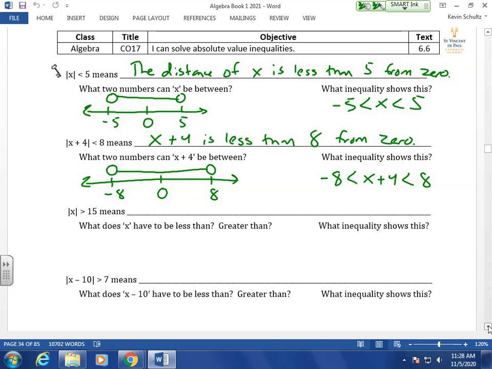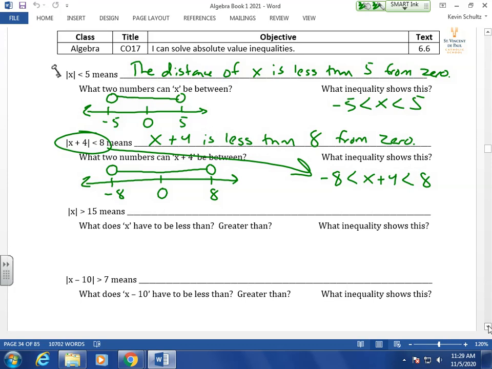So notice how we aren't solving this yet, right? You already know how to solve an inequality such as this. We did that in CO16. You subtract 4 from all three parts and you'd be solving for x. Right now, what this is helping you do is knowing how to solve this, right? How you solve an absolute value inequality is you first need to write it as a compound inequality and then solve it.